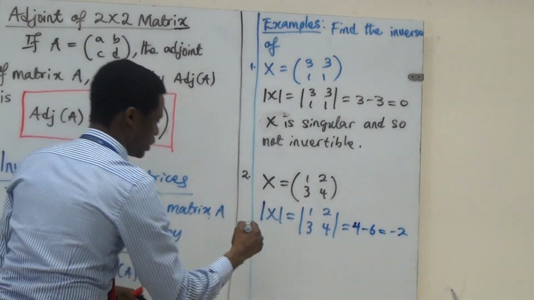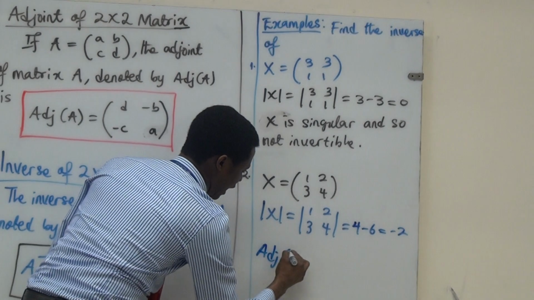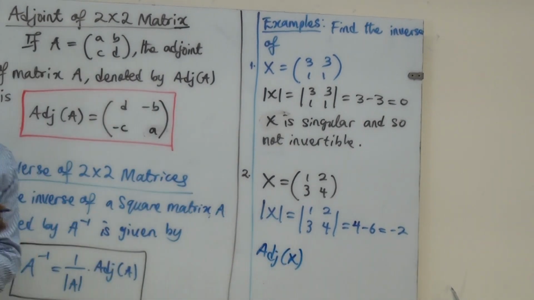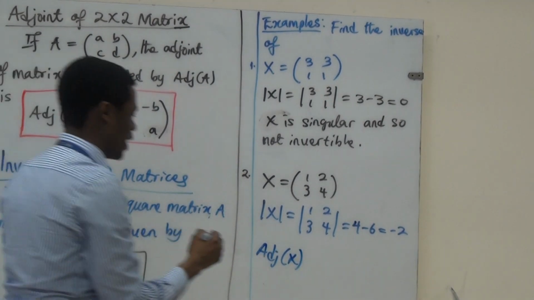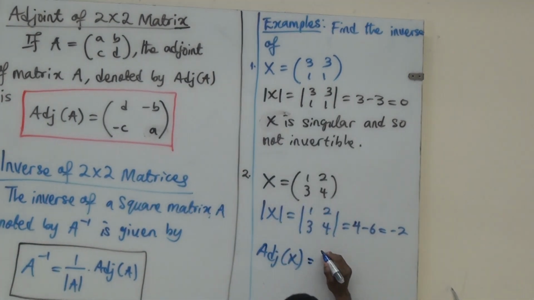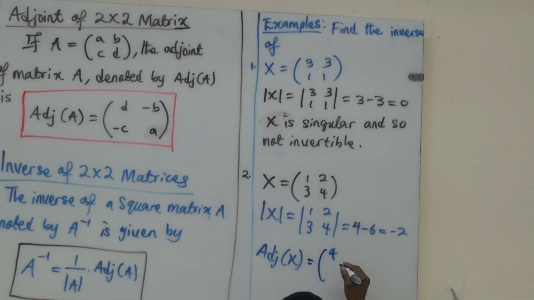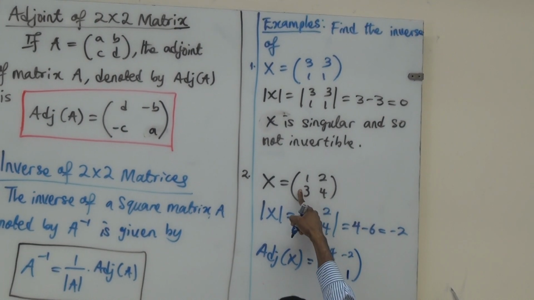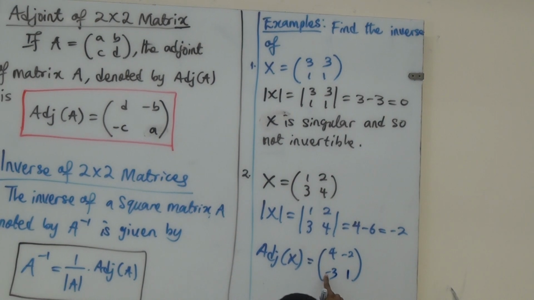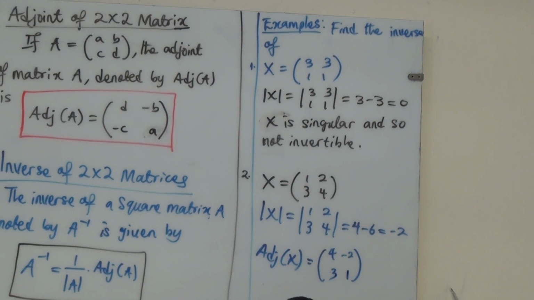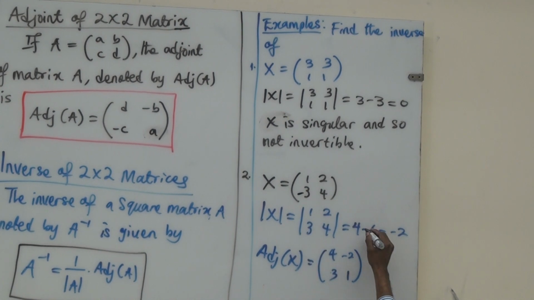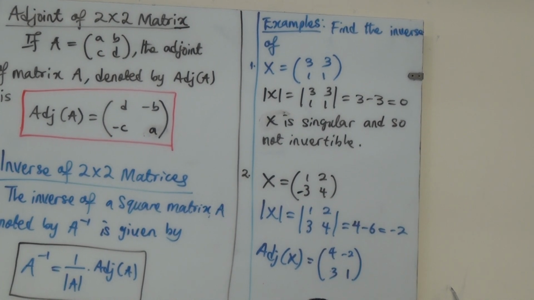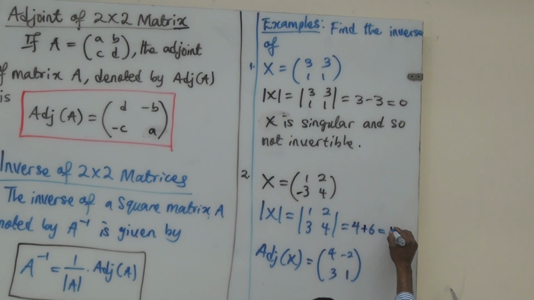So now that it's not 0, the next step is to find the adjoint of X. So what will be the adjoint of X? 4, negative 2. So I do 4, 1, then negative 2, negative 3. Okay? You change it. If this was negative 3, this would be plus 3. Maybe we do that because I don't want some people getting confused. Alright, so in that case it will be plus, right? Would this be plus? And this will be 10.